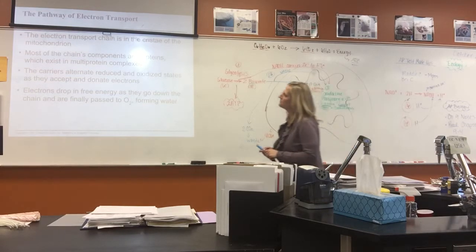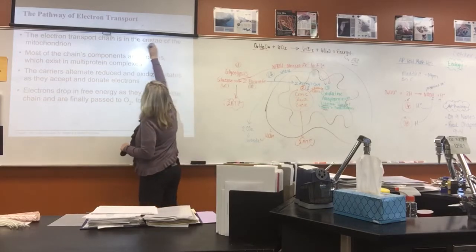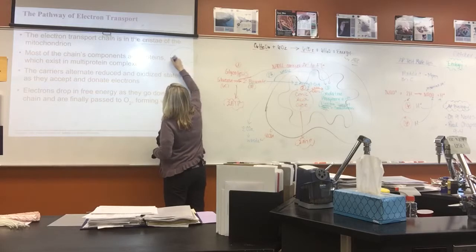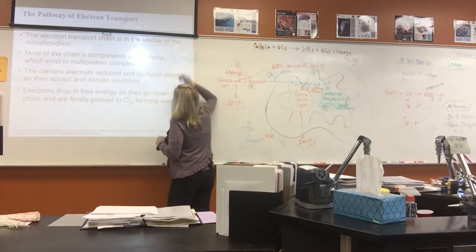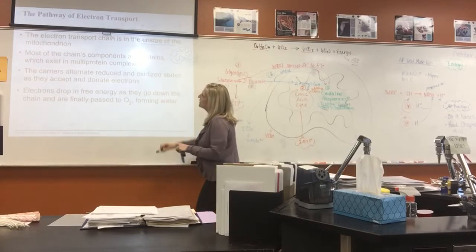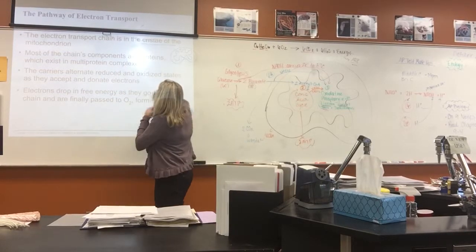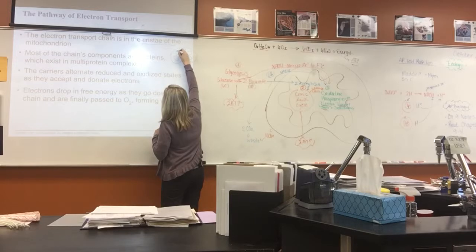All right, so the electron transport chain is in the cristae of the mitochondria. So where are the cristae of the mitochondria? The folds. These are the folds. And so the electron transport chain, it says, is made of proteins which exist in multi-protein complexes. So remember when we looked at cell membranes, they're lipid bilayers with proteins embedded in them.